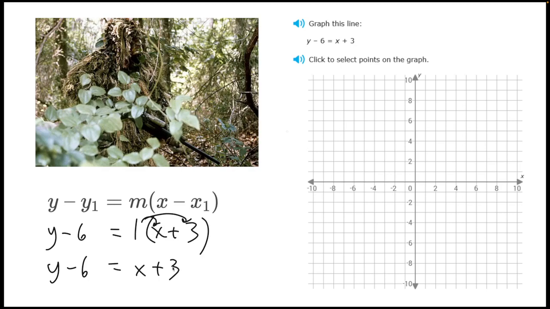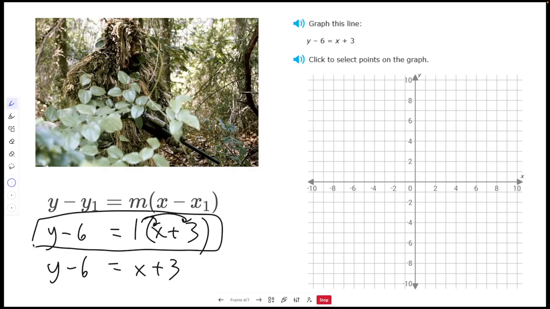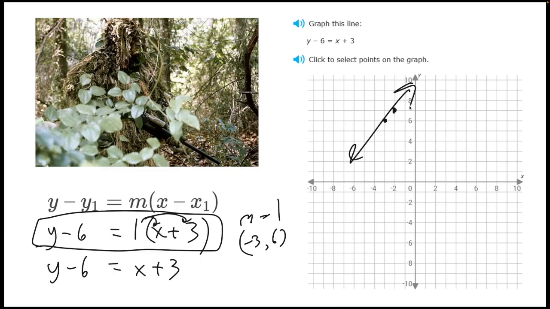Now when it's in this form, we should have no problem saying the slope is 1. My coordinate is -3, 6. -3, 6 is here. Slope is 1. Boom. So again, don't get messed up by the camouflage.